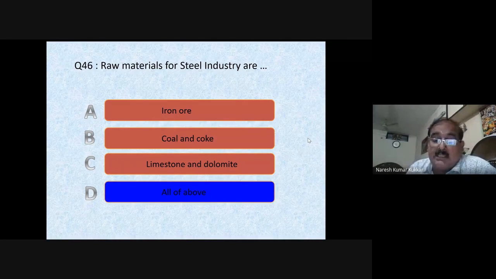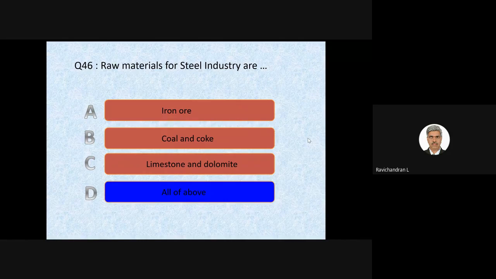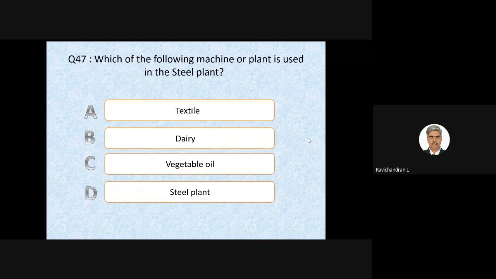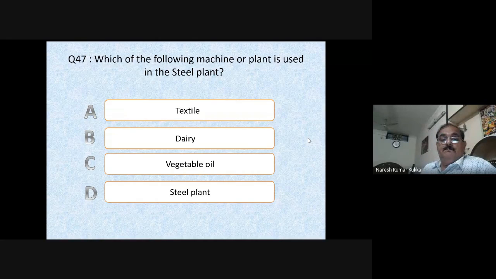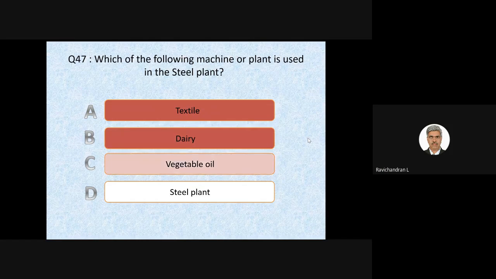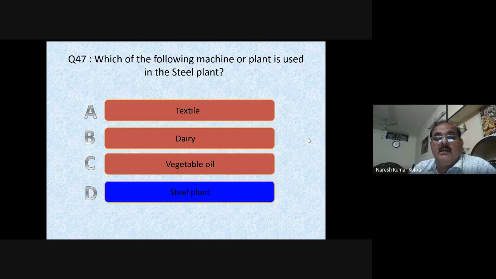Steel industry basic is iron ore. That is already clear. D.